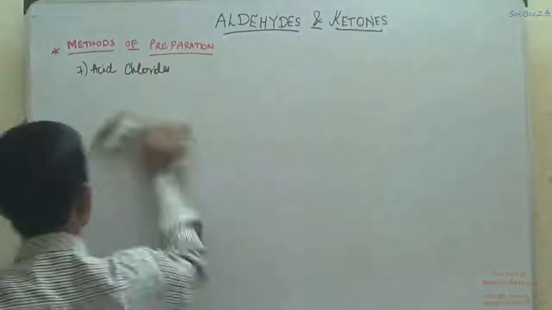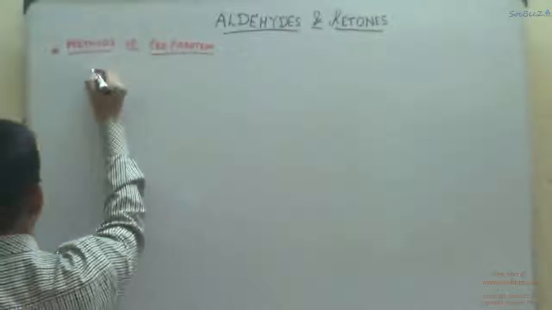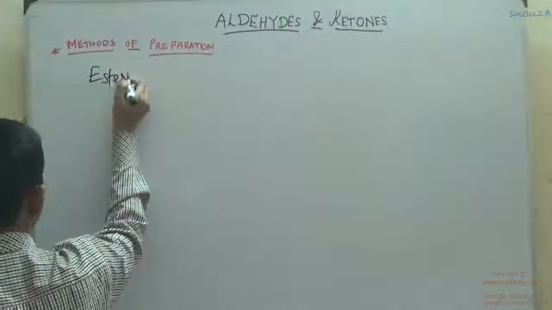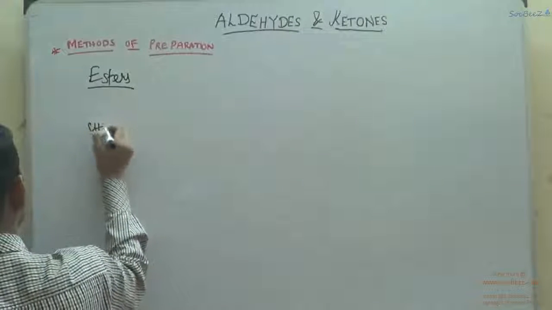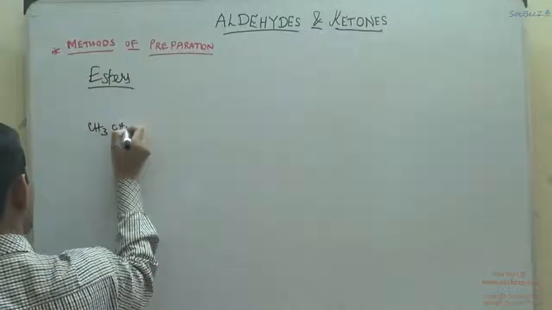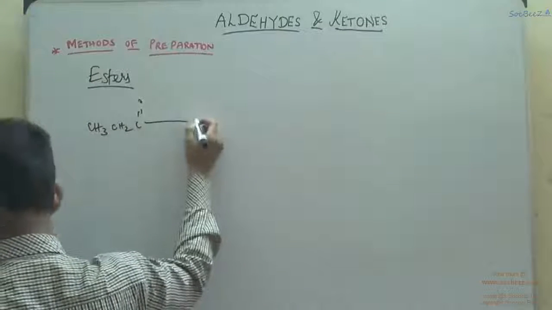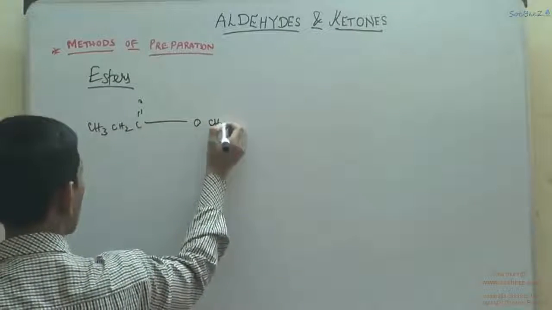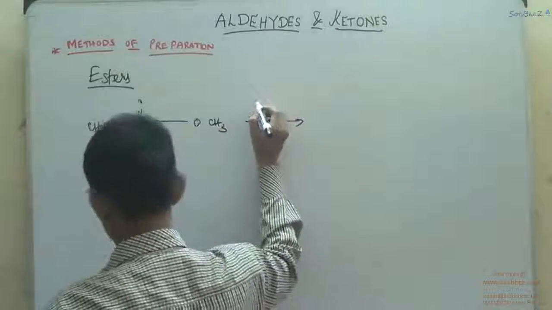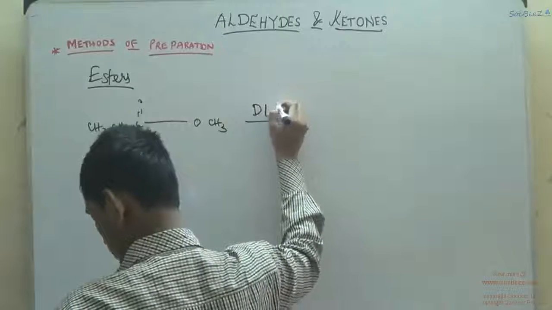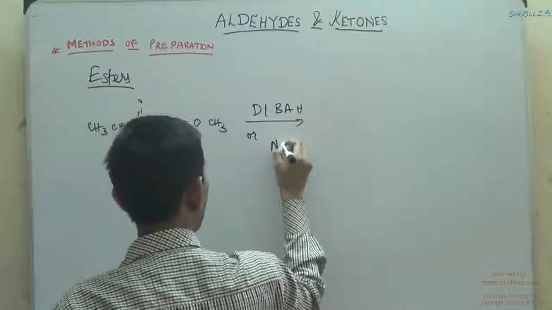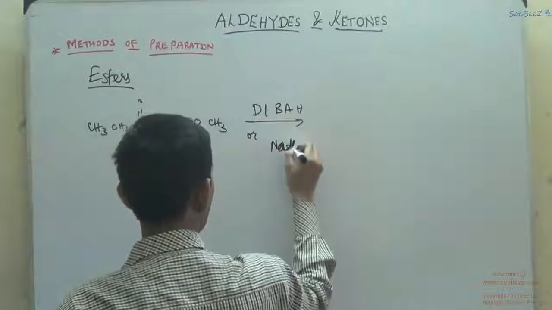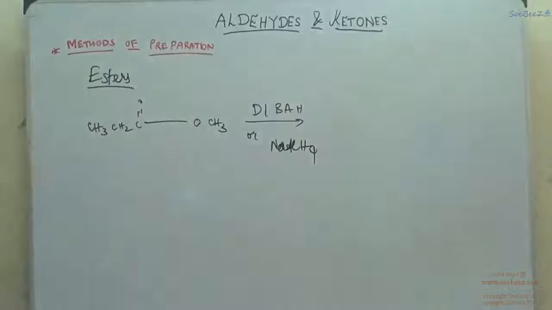And if I talk about esters, let me take an example. I'm purposefully writing in this form. You either treat it with DIBAL or NaAlH4, that is sodium aluminium hydride.